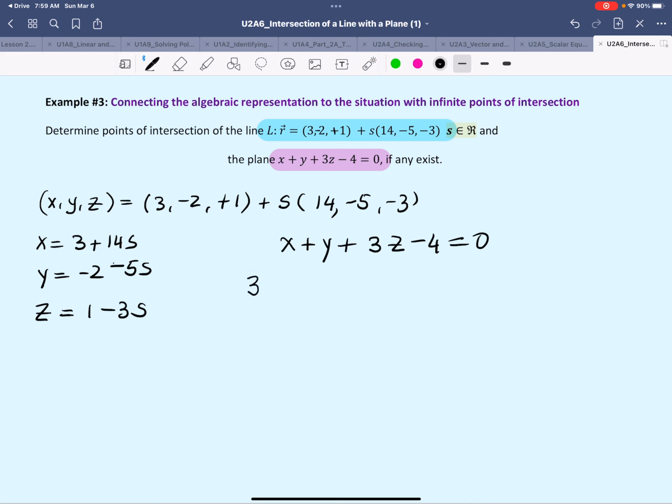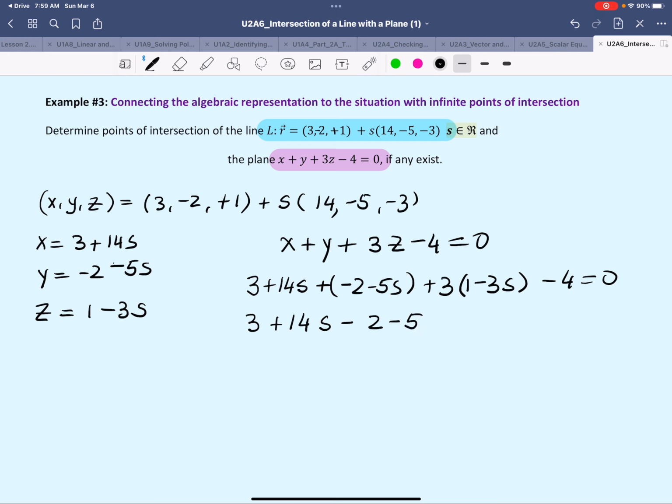So that means we have 3 plus 14s for x, plus y, which is negative 2 minus 5s, plus 3z, which is 1 minus 3s, minus 4 equals 0. So let's solve for s. We have 3 plus 14s minus 2 minus 5s plus 3 minus 9s minus 4 equals 0.